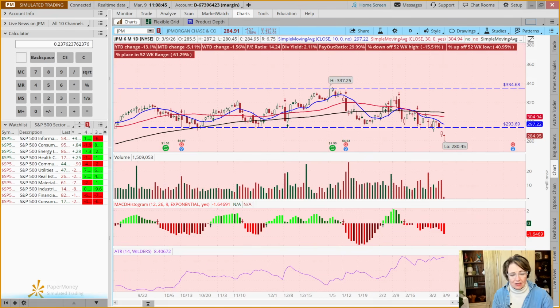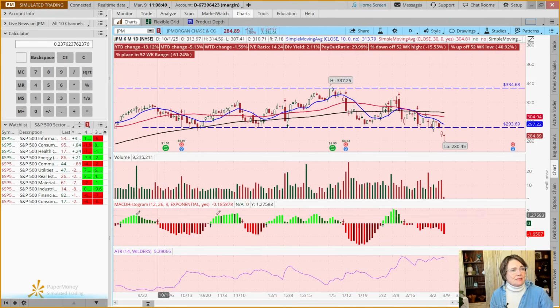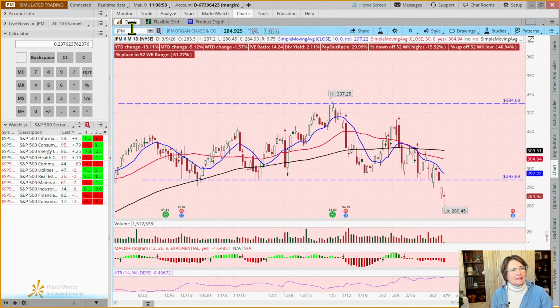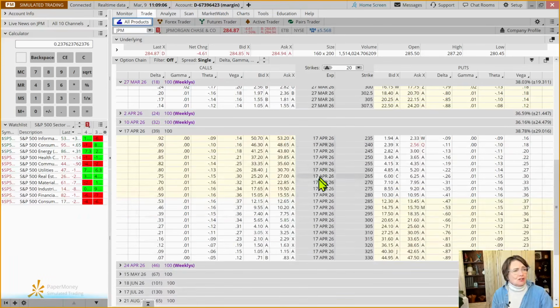I may post that chart on X today as well. Okay, so if we come to our trade tab and we say, could we get back up above this old support level, which may now start acting as new resistance? So could I come up here to this 295 level?